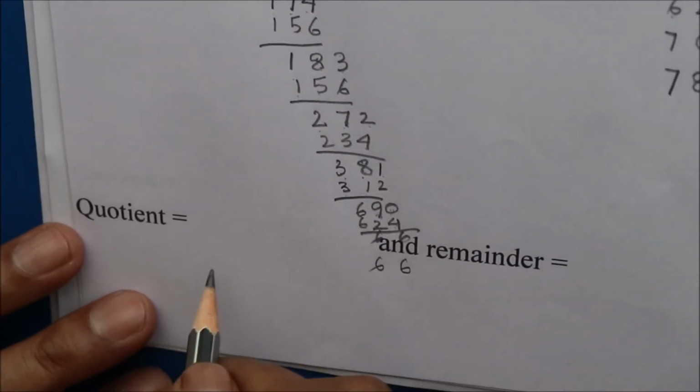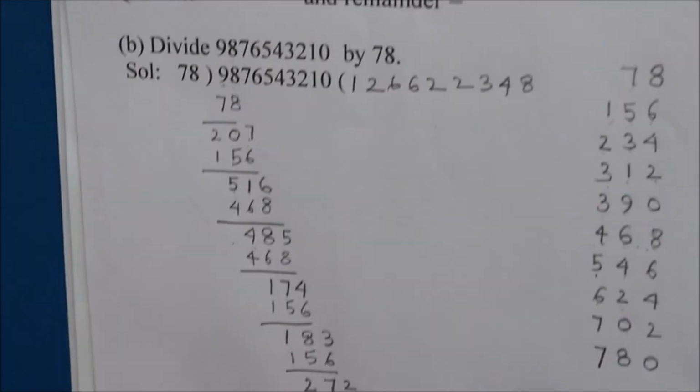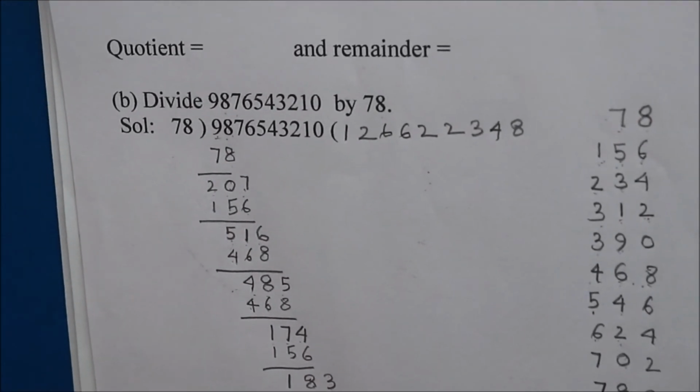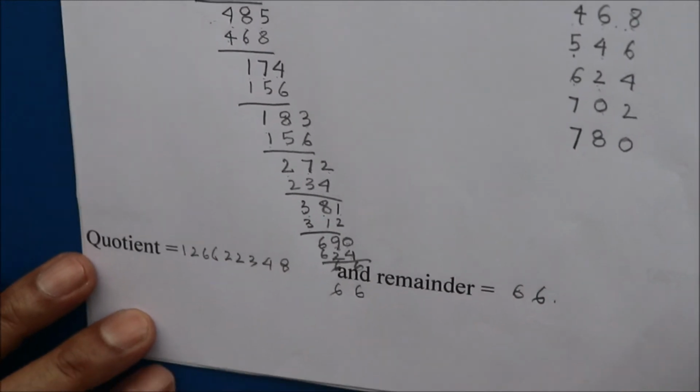Therefore, the quotient is 126622348, and the remainder is 66.